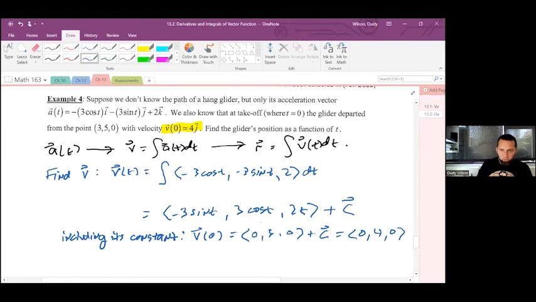So I think it should be clear from this. We have the 3 in the middle term of v of 0 with the plus c. We have the 4 there. So I think it should be clear that our c vector is going to be 0, 1, 0.